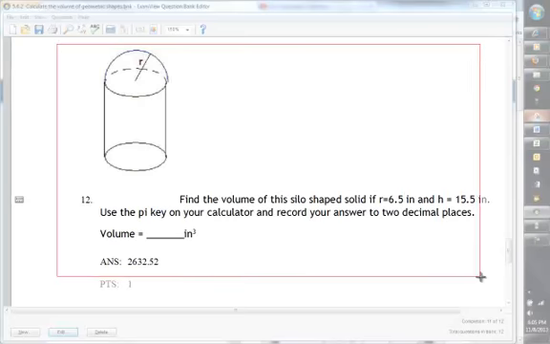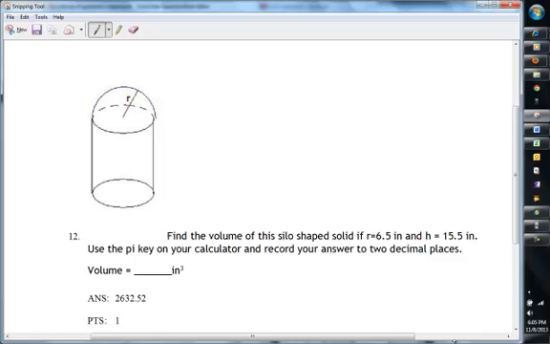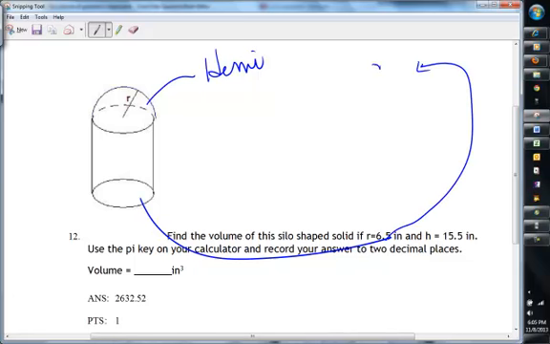Find the volume of this silo. Okay, so treat the silo as though it were two separate things. You've got a hemisphere on top, and then you've got a cylinder on the bottom.